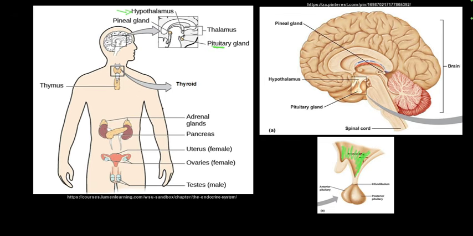So let's look at what the function is of the control center, the hypothalamus. What does it do? So the hypothalamus has plenty of hormones that it secretes, and it sends them to the pituitary gland. But for now, based on what the exam guidelines want us to do and know, we are only going to look at one specific hormone there, and it's called ADH.